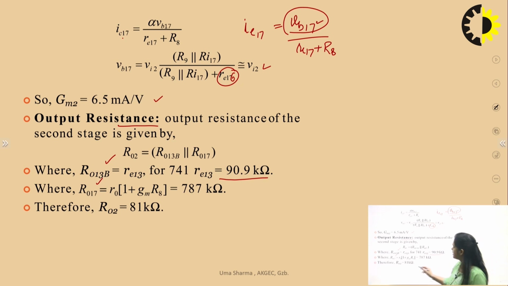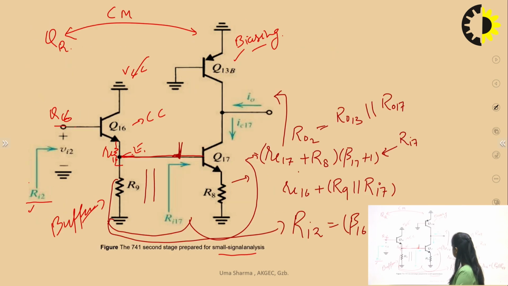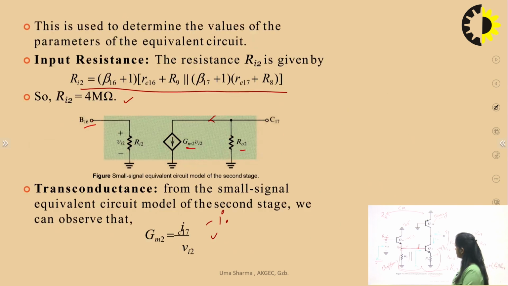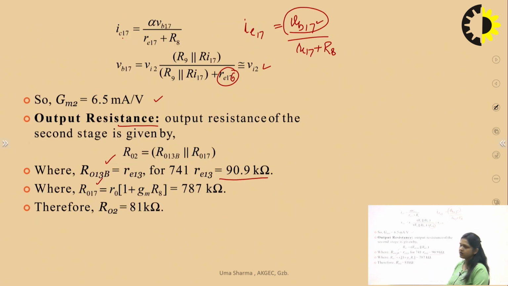To calculate RO17, we can use the formula RO(1 + GM RE). You can see that at this node RE is R8. For the common emitter configuration, this is the formula for R output: RO(1 + GM into RE). So here RE is replaced by R8.